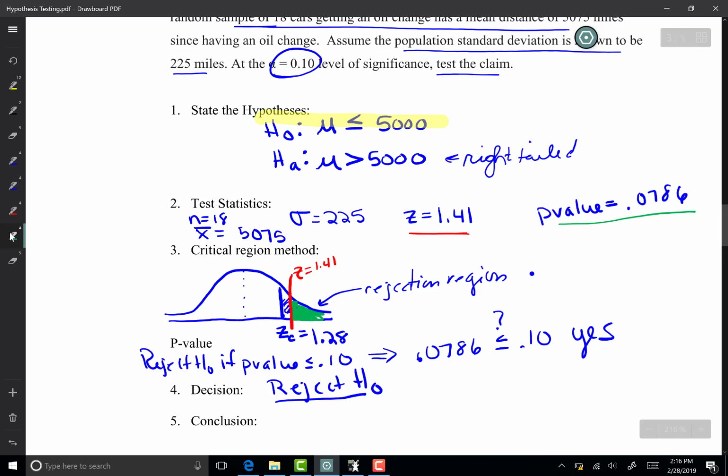And because this area is smaller than my rejection region, that's why we reject if it's smaller than alpha. Alpha is actually equal to this area under the curve here. Make sense? We'll do another example here in a second.